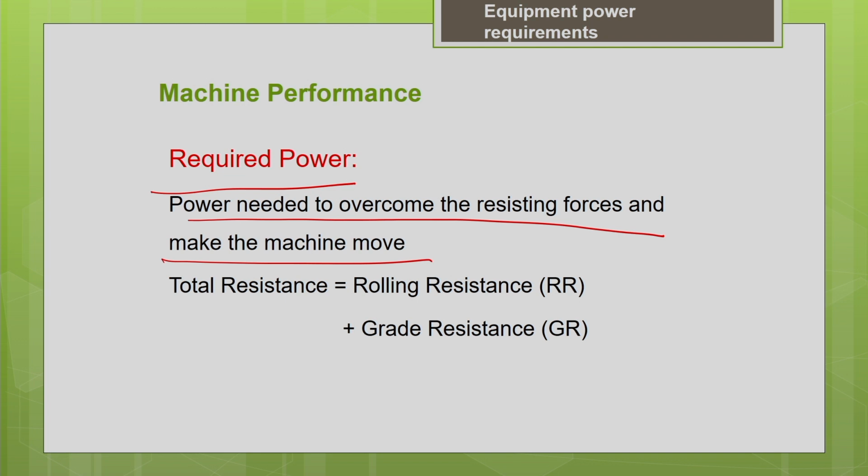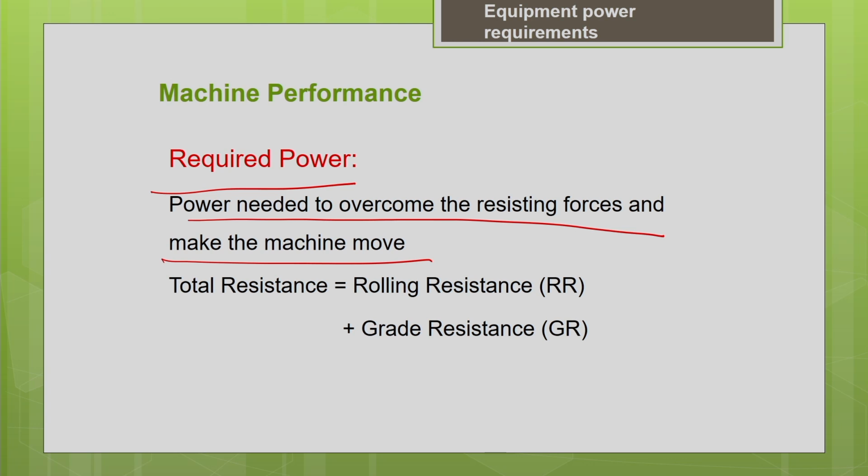You know that every project site is unique. The underfoot conditions in the project site differ from site to site. So, the equipment which is going to be used in a particular construction project site has to overcome all the resisting forces in the particular project site, and then it should keep the machine moving. So, you should select the machine with sufficient power so that it can overcome the resisting forces in the underfoot conditions.